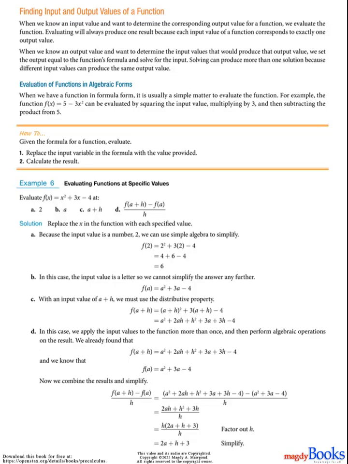Factor out h, equals 2a plus h plus 3. Simplify.